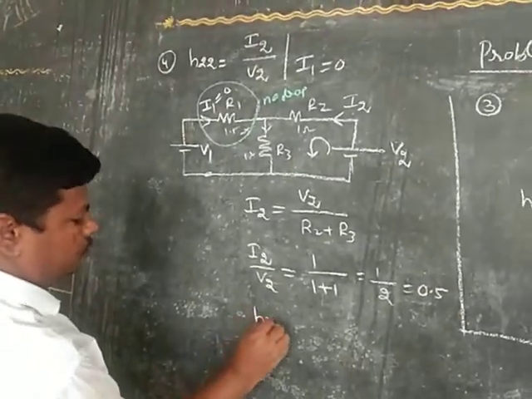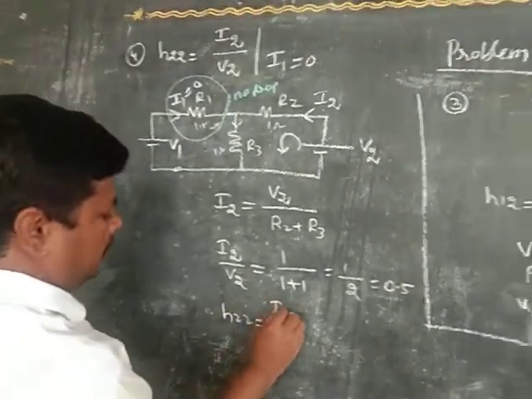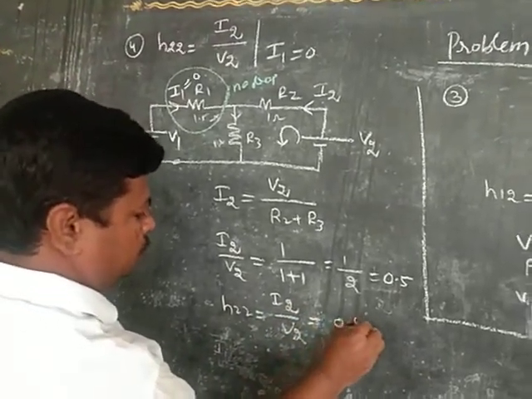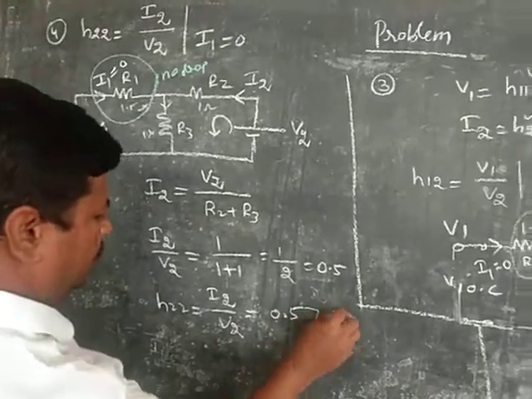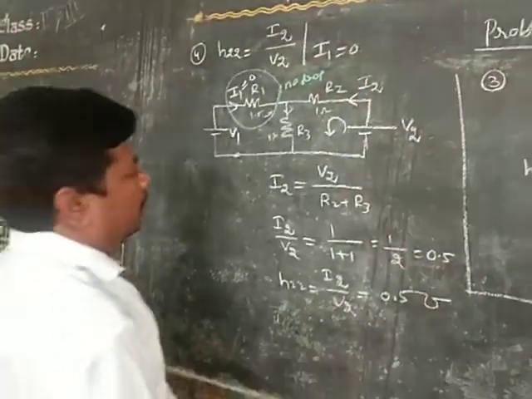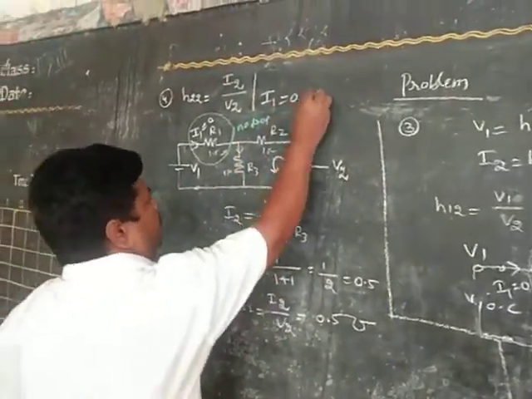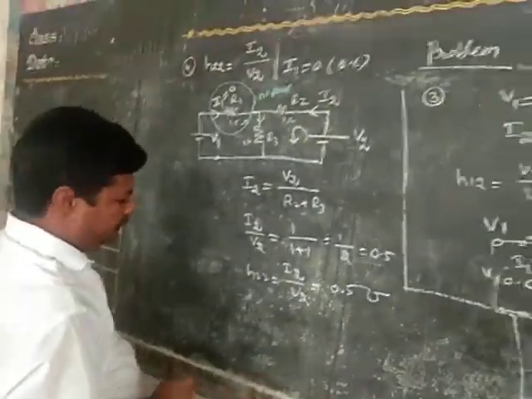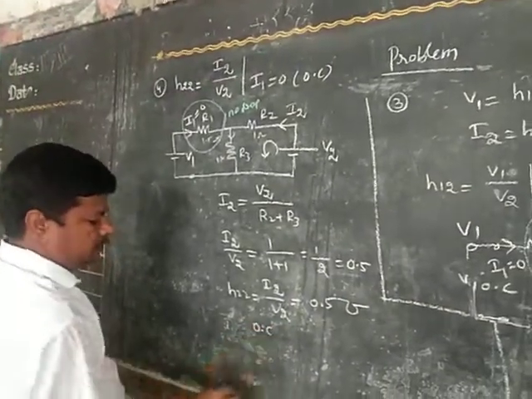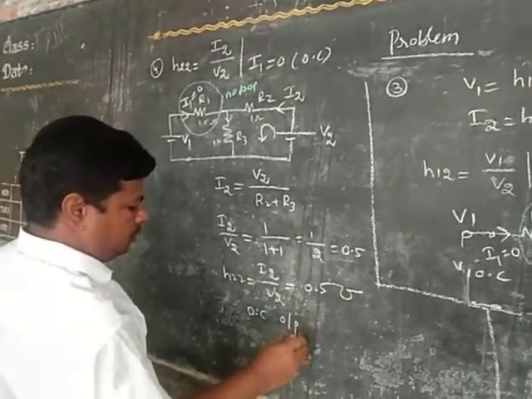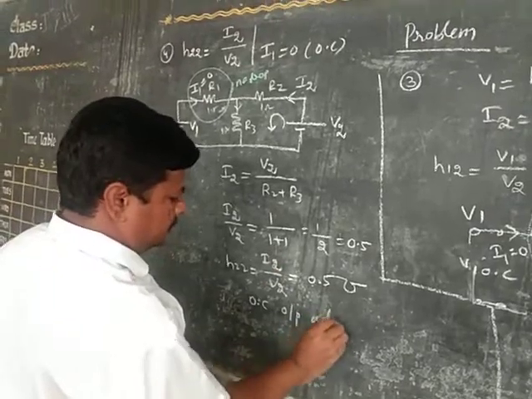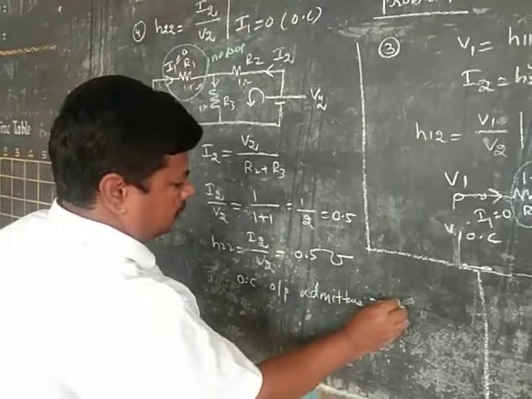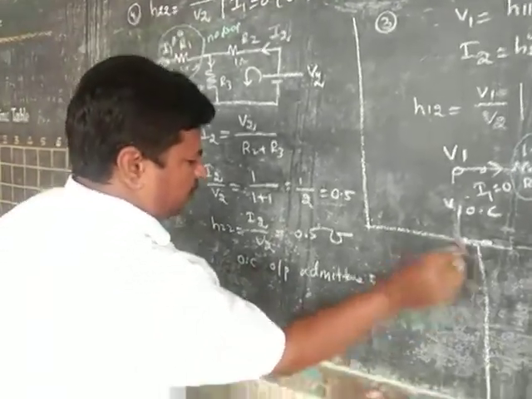So H22 is equal to I2 by V2, that is equal to 0.5 mho. I1 is equal to 0 means open circuit. So open circuit output admittance, that is equal to 0.5 mho.